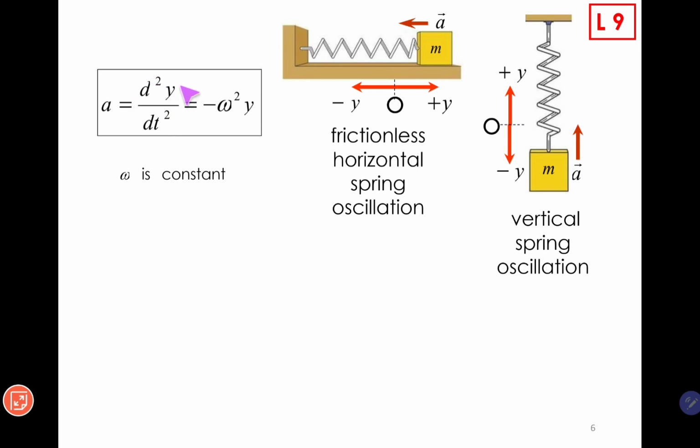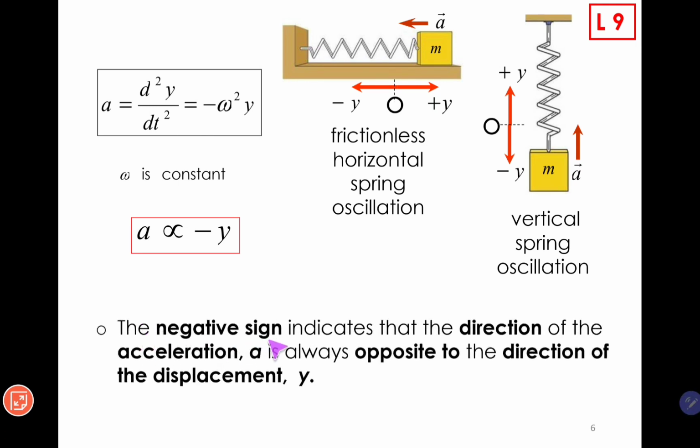This means that by giving you an equation of displacement, we differentiate it with respect to time, and then you will get the velocity; the second differentiation gives you the acceleration. So as a conclusion, a and y are directly proportional, but in opposite directions. The negative sign indicates that the direction of the acceleration a is always opposite to the direction of the displacement, which is y.